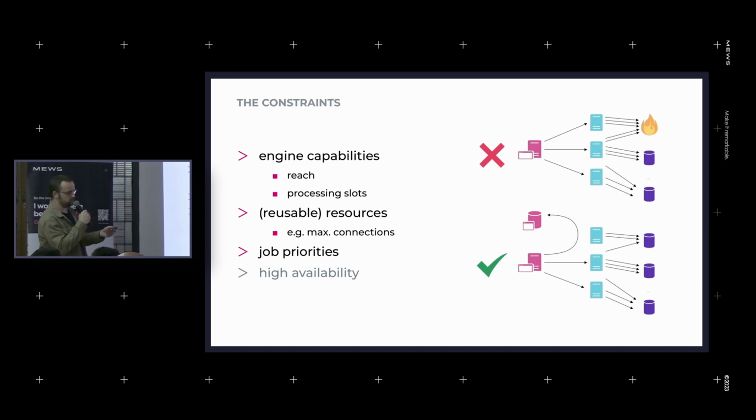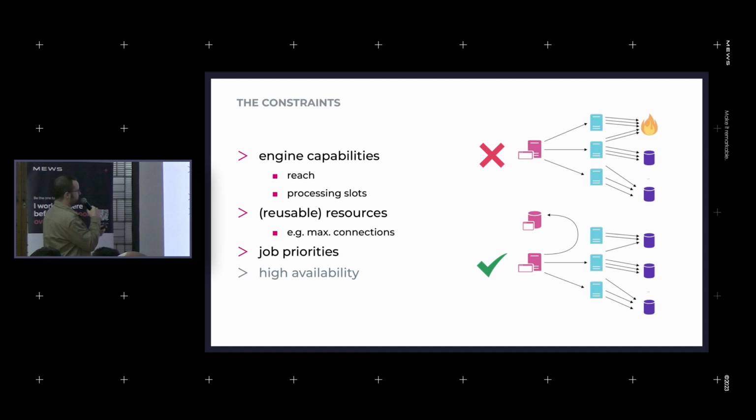Because you can't access all data sources within the company from a single engine. That's virtually impossible. It's located within a certain network, this sort of stuff. Also, the engines are not infinitely vertically scalable. They do have certain performance limits, and that's another constraint.